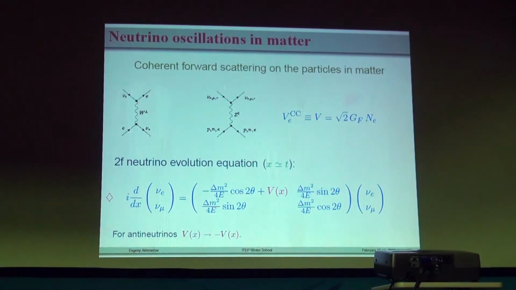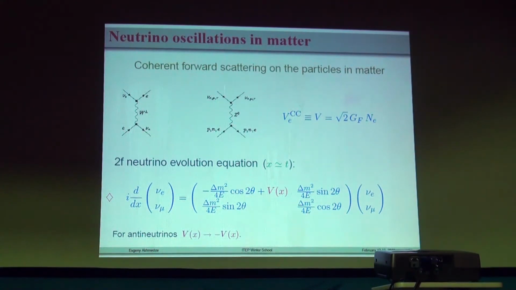An important point is that the neutral current interaction is flavor blind. Flavor blind means that the Z boson doesn't care which neutrino is scattering through exchange of this Z boson. So the effective potentials induced by this diagram for neutrinos of all three flavors, electron, muon, and tau, are exactly the same. But the same potentials would modify the phases of all three neutrino flavor states in the same way. And we know that only phase differences matter, not the absolute values of the phases.